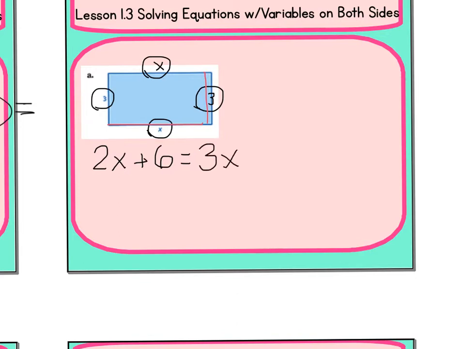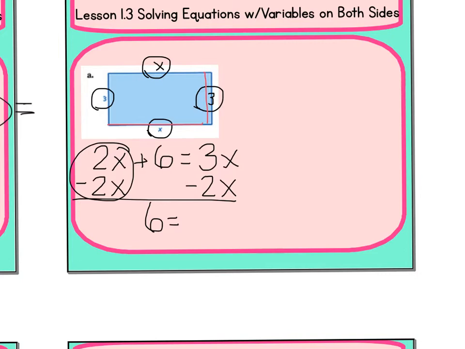So then we can go through and solve for our variable. So I'm going to get all of my x's together. I'm going to bring the 2x to the other side, so I have to subtract them from both sides in order to get them over to the other side. That leaves me with 6 equaling, and 3x minus 2x gives me 1x, or just x.